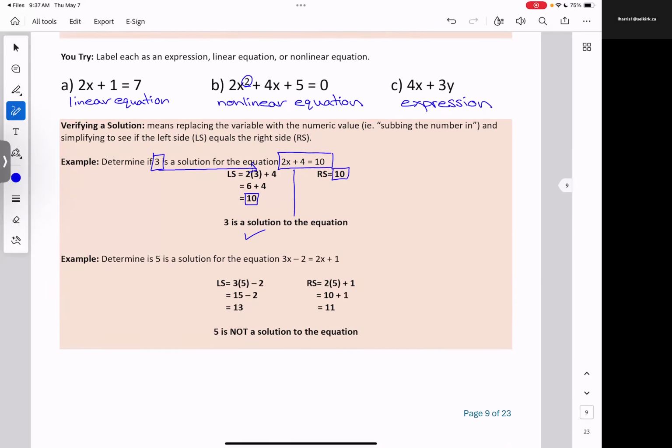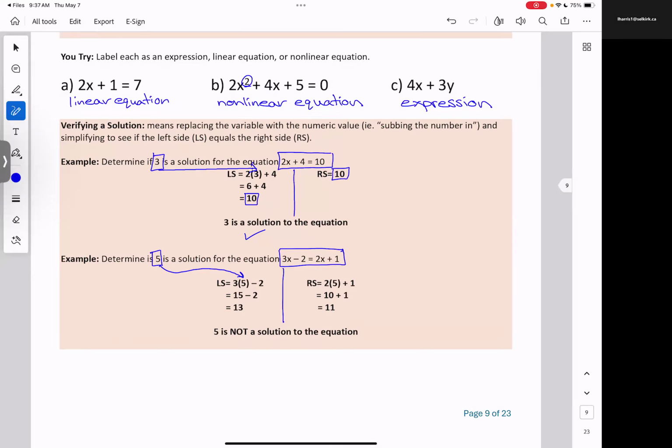One more example. So we've got this linear equation here. We're going to substitute our answer, which was 5, in for our x's in that equation. So we had 3x minus 2. That means we're going to sub our 5 in for x to get 3 times 5 minus 2, which gives us 15 minus 2, or 13.